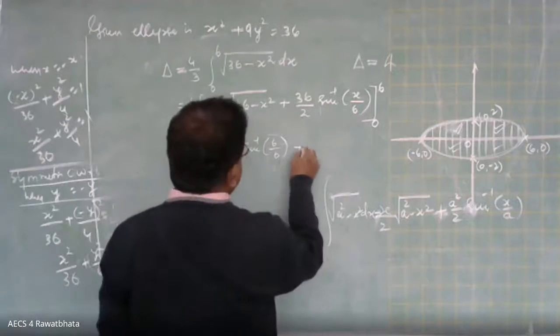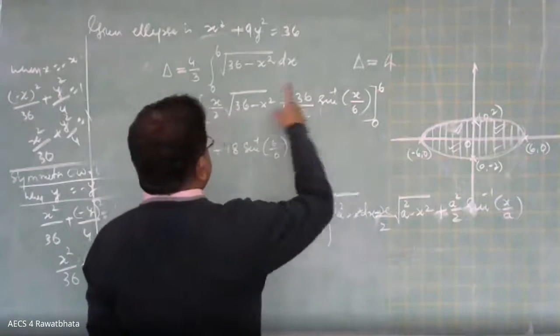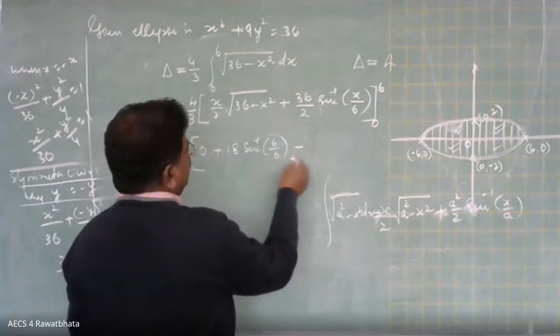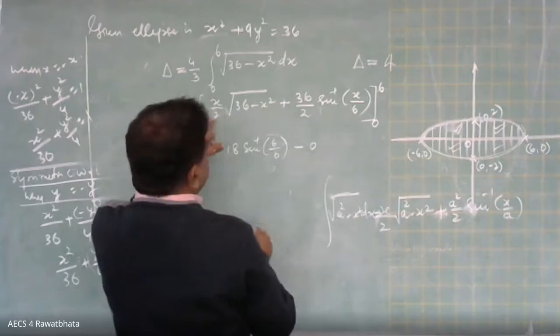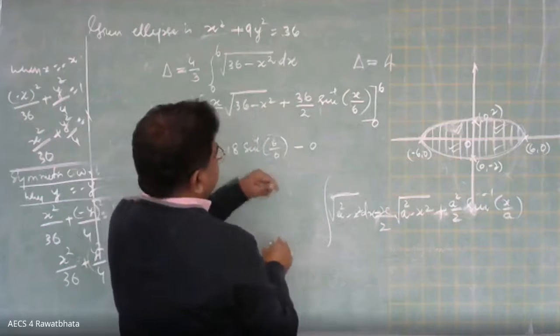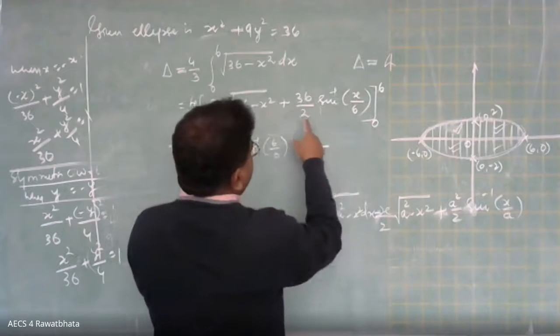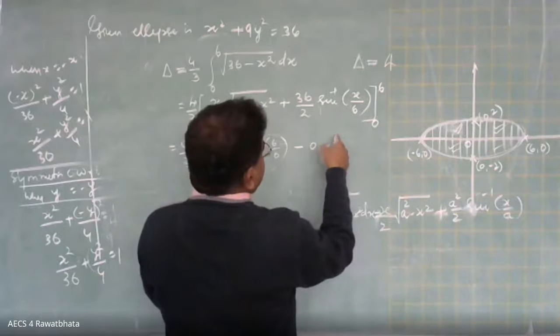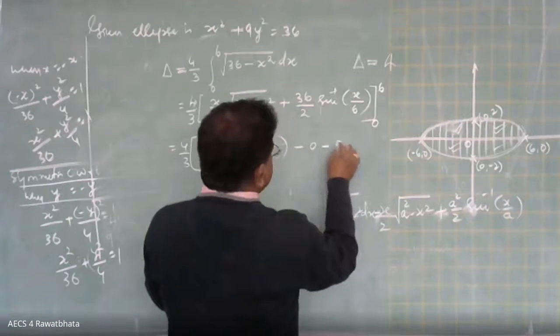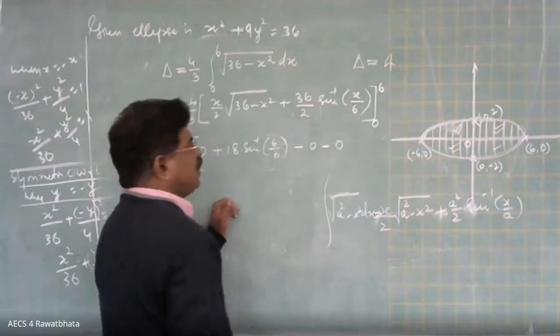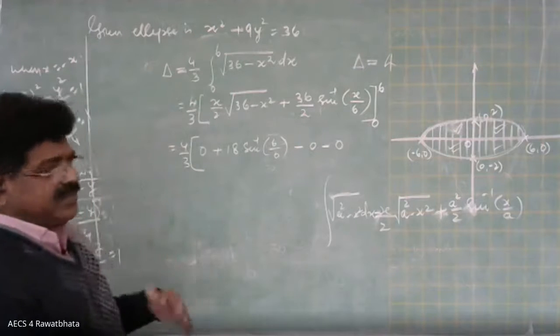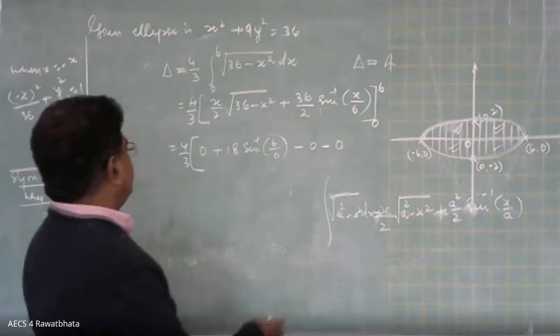Applying the lower limit 0, the first term is 0, and minus 18 sine inverse 0 is also 0, since sine 0 is 0.